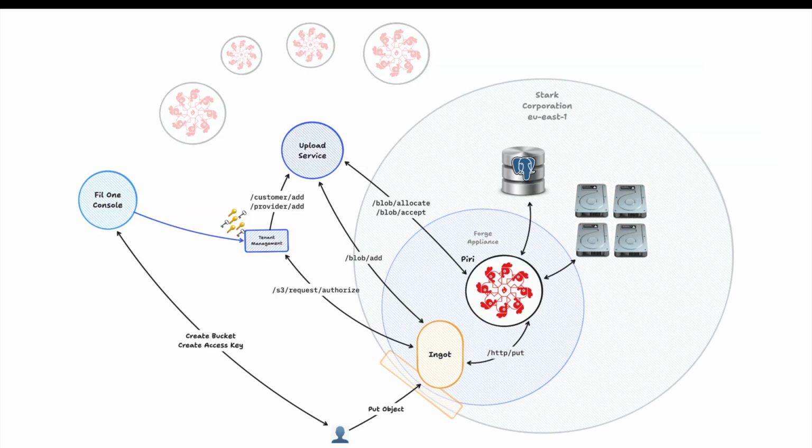The only thing left to say is that this Piri node that's running here is not really any different to other Piri nodes that are running on the upload service. The only difference is this affinity that it has when this particular client, the Ingot service, decides to upload data. It always gets this one.